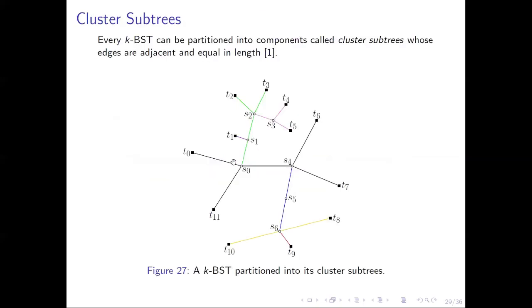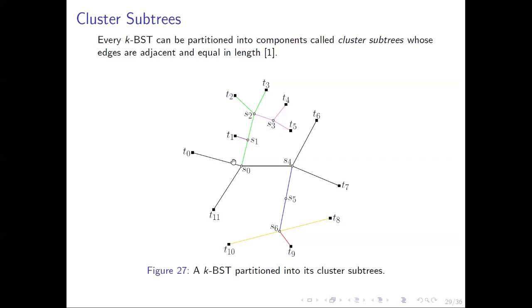Okay, so remember the k-BSTs satisfy those three properties that I mentioned before, and that allows us to divide the tree into these components, which are called cluster subtrees. And these cluster subtrees, denoted by these different colors, all have edge lengths that are equal.